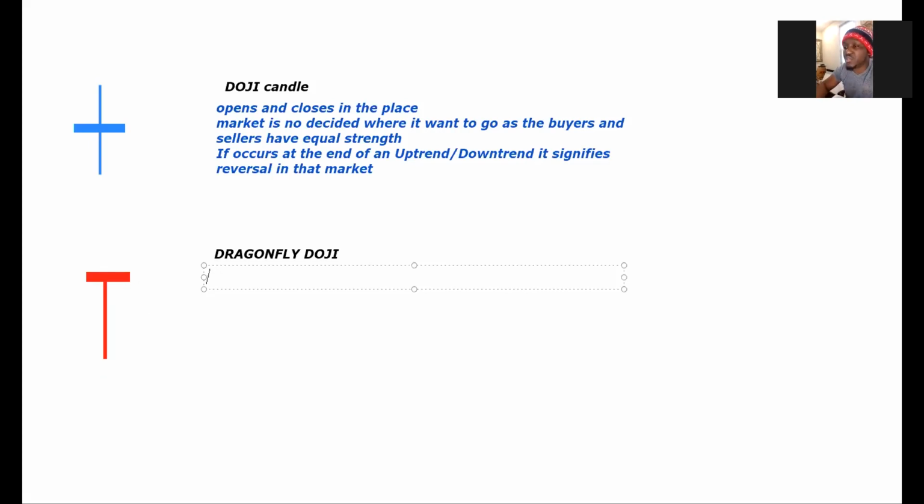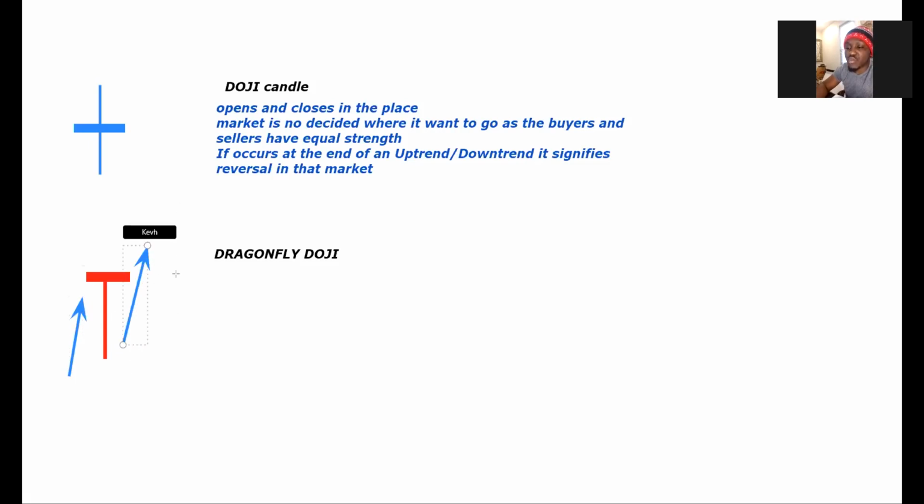So what is this telling us? I will keep trying to use the whole concept of price action. The reason we have a very long wick to the downside is because the buyers are pushing the market up. The market tried to push down, but the buyers are saying, no, you've got to keep going up.